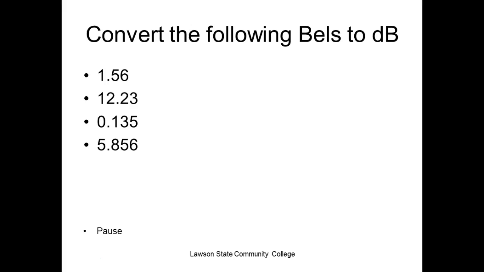Just move, we're doing it by 10. It's not engineering notation. All we're going to do, and we can do this in our head, is move it over to the right. How many decimal points? One. Huh? I'm sorry, what did I say? 15.6, right? 122.3, 1.35, 58.56.